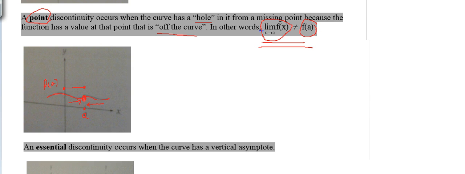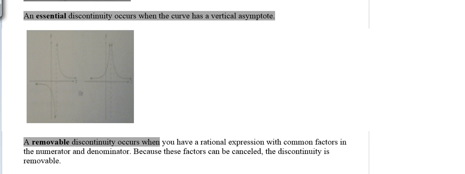Another discontinuity we have is an essential discontinuity, which occurs when the curve has a vertical asymptote. And these are two examples. In the first figure, we have a vertical asymptote, and we can see that the function to the left of this asymptote tends to minus infinity, and to the right it tends to plus infinity.